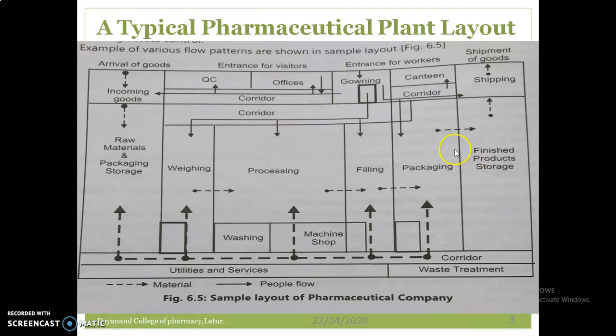Again there is sieving and preparation of desired shape and size of granules. Then drying is done by use of a dryer like a tray dryer or the fluidized bed dryer. Then the compression area. During compression, IPQC testing should be performed to ensure the quality of the tablet. Then the coating area. Then again the packaging section. So this sequence should be followed to avoid any cross-contamination.